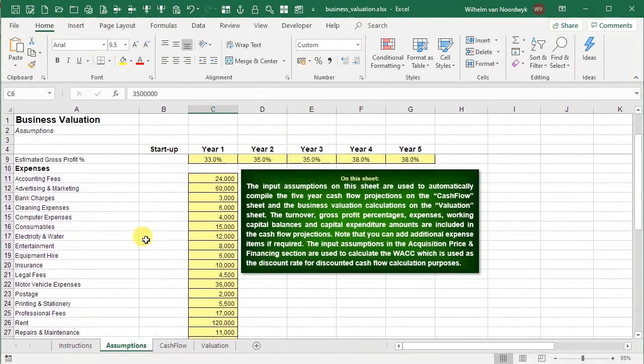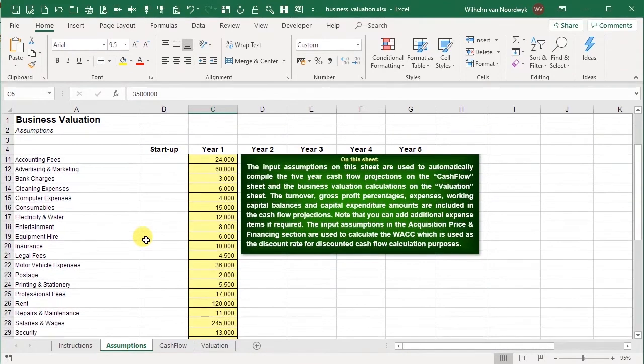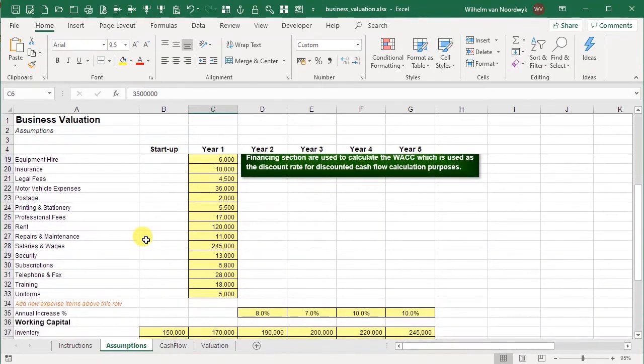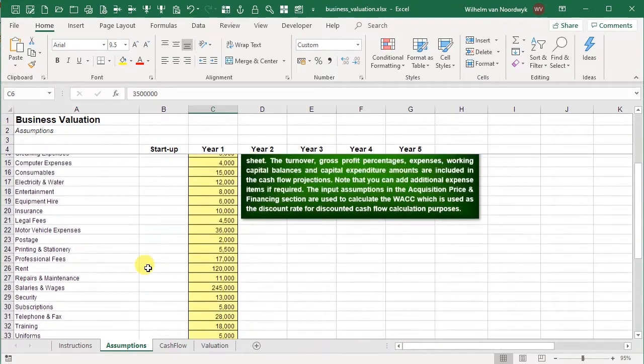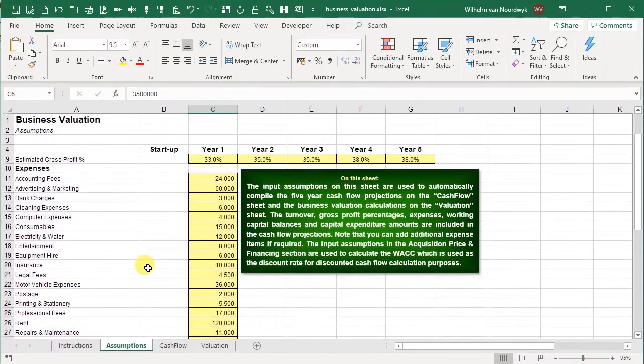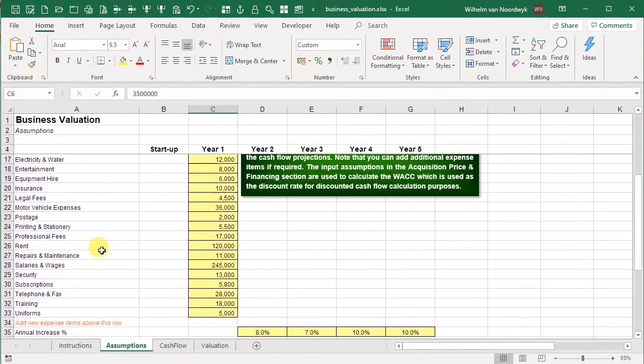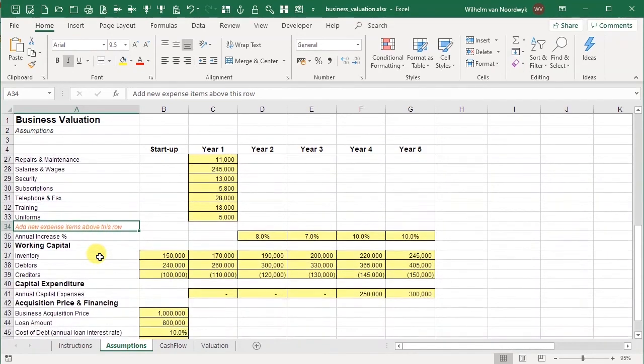Then next, we have the operating expenses. So we have a list, and you need to enter the year one expenses. If you need to customize this, you can just change the descriptions here. And you can insert rows above this row and add expense items to this section.